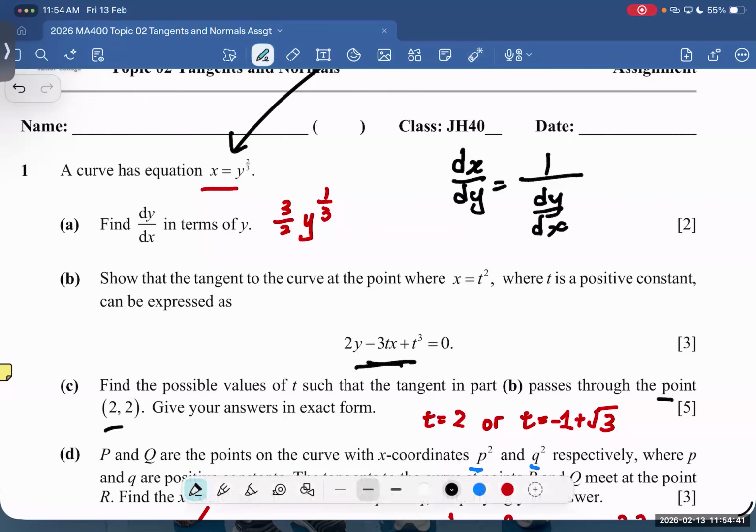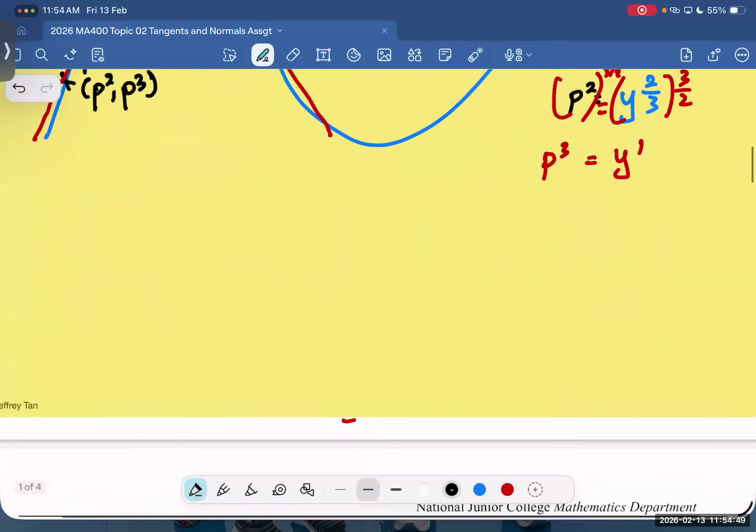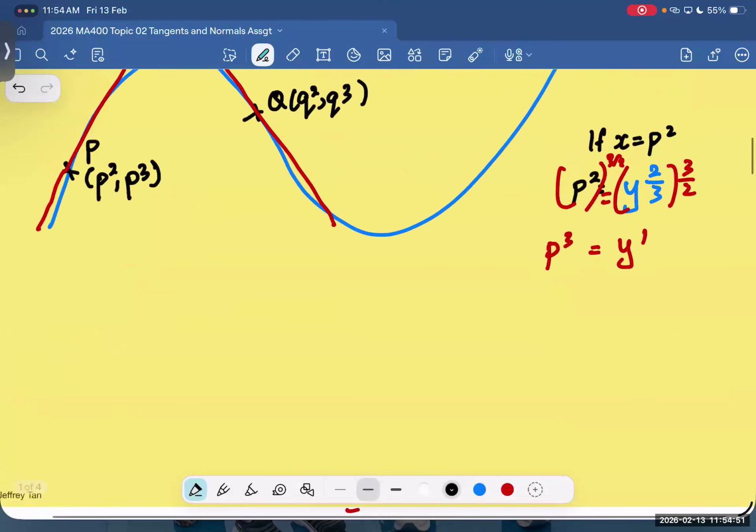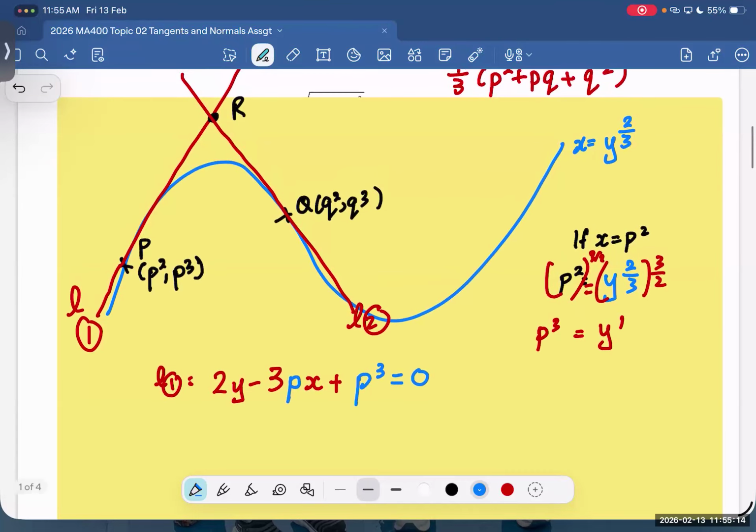So the equation you should be getting, let's call this line 1 and line 2, the equation of line 1 will be 2y minus 3px plus p cubed equals 0. That is line 1. I just changed the t to p.